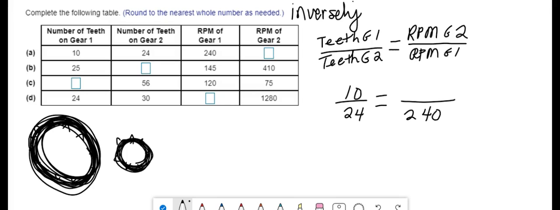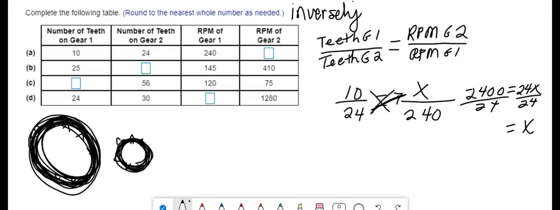And then the unknown, I'm just going to call it X, RPM of gear 2. So then we just cross multiply. 240 times 10, just adds a 0 at the end there, equals 24x. Multiplying these two together, divide both sides by 24. We're going to get x equals 100.